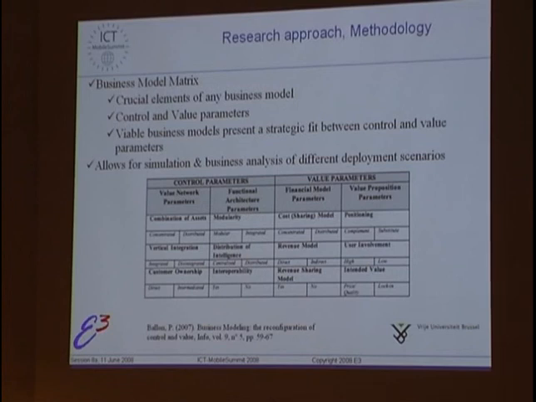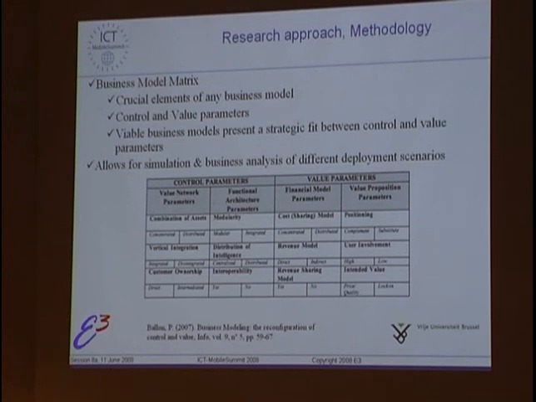So what we've been doing in a first phase, and this is not part of the paper, but this was the first phase of our research, was to define different ways, as I said, in which the CPC could be deployed, and then use a business model matrix comprised of 12 components, 12 business model components, to analyze what the consequences could be on the business model for the CPC for these 3 different types.